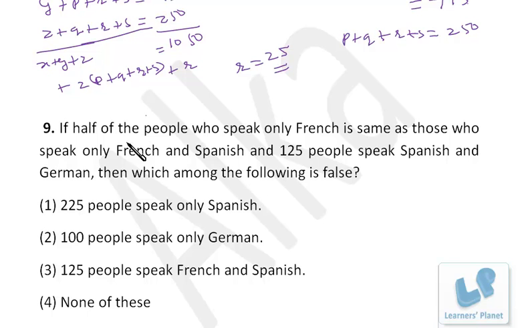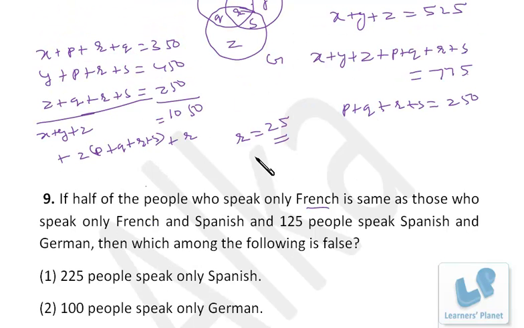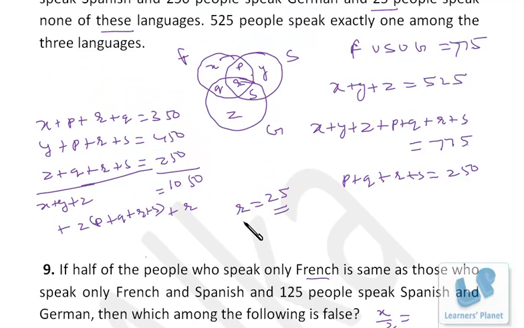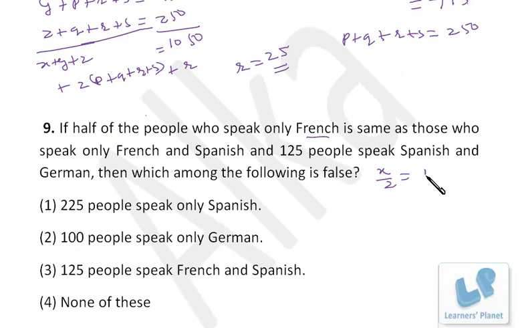Now this one, if half of the people who speak only French is same as those who speak French and Spanish, only French is X, that means X by 2 is equal to those who speak French and Spanish. Only French and Spanish is P. So X by 2 is equal to P, right?